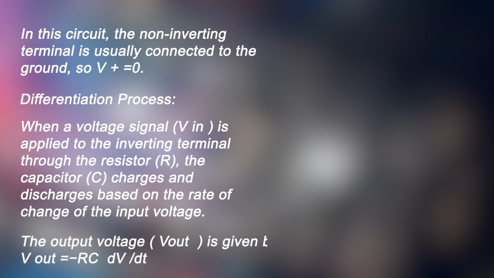The output voltage V out is given by the formula V out equals minus R C into dV by dt. The negative sign indicates a 180 degree phase shift between the input and output signal.